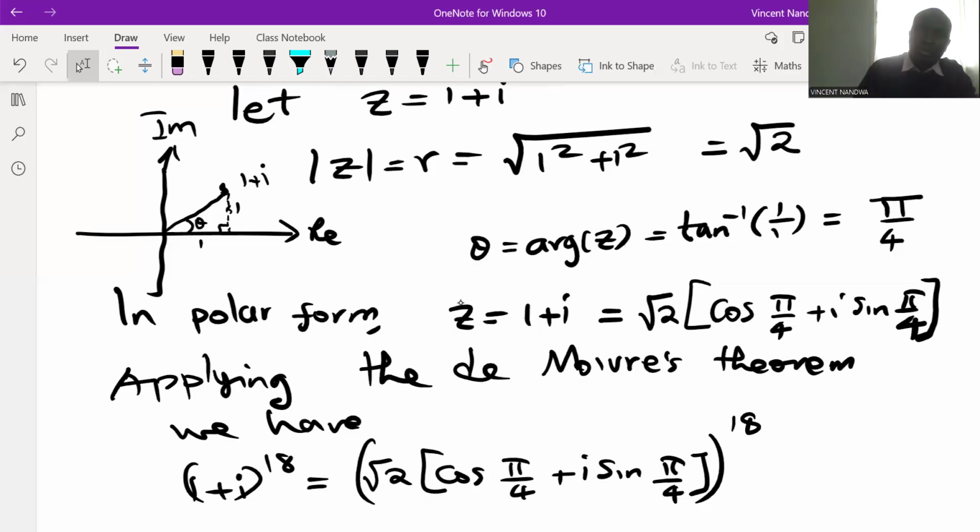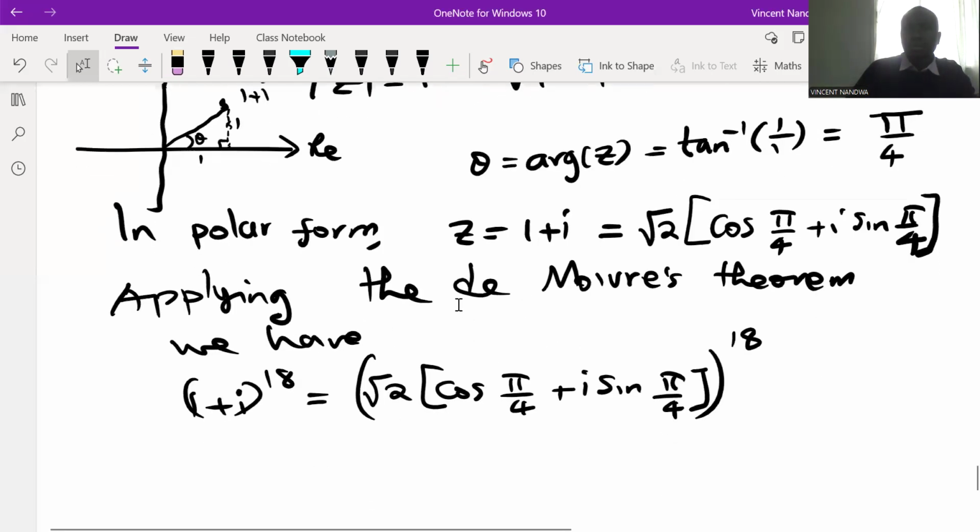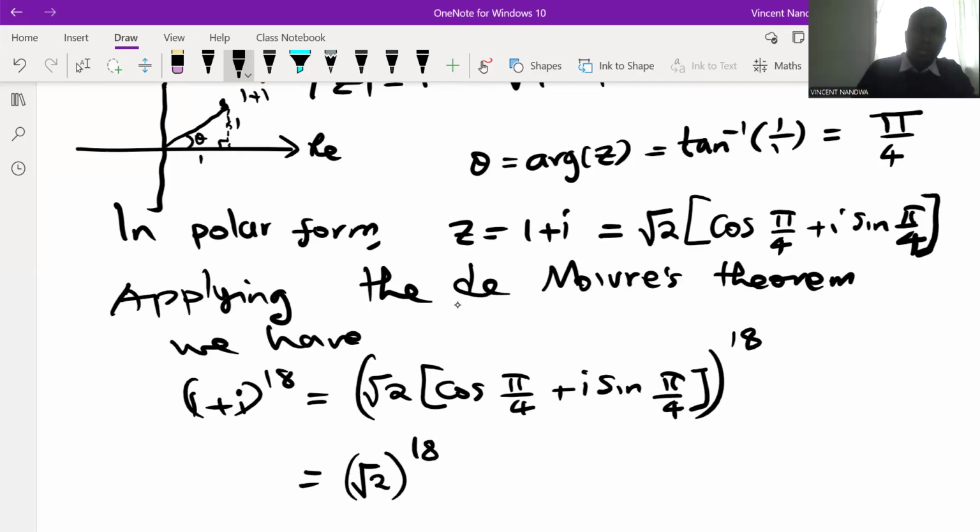You raise this number to 18. And so by the Moivre's theorem, this means root 2 would be raised to power 18. And then cos, these angles are multiplied by 18. So 18 times pi over 4 plus I sine 18 times pi over 4.